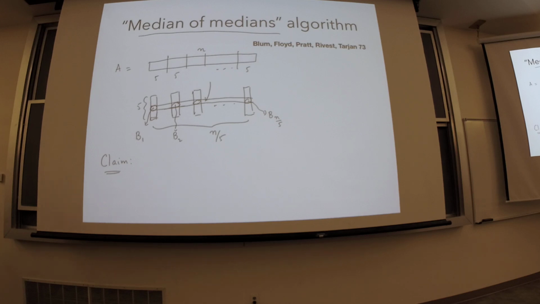And so the claim is that the median, i.e. the middle element, or to be precise, let's say the n by 10 smallest element of B, is an almost median of A.